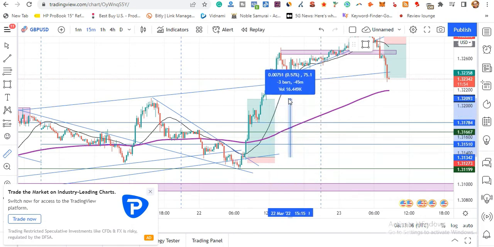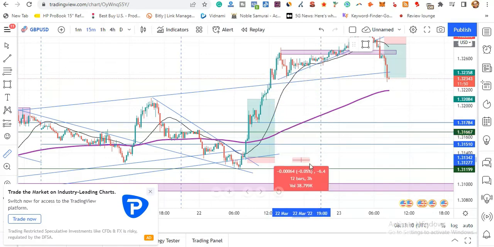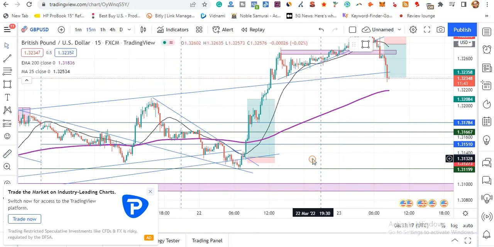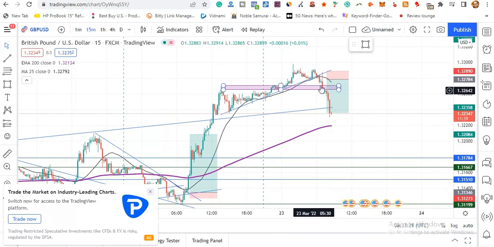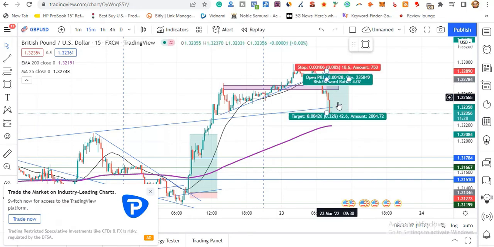I made 75 pips in this trade, risking only 6 pips. And this morning again, it broke my trend line. I waited for it to retrace, for this pullback, and it gave me a nice rejection candle. I entered it, and it already hit my TP. It is very, very easy.